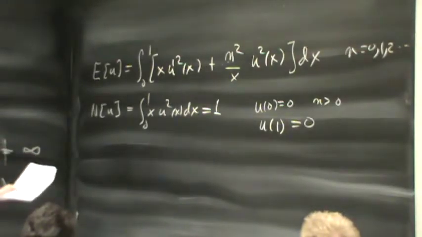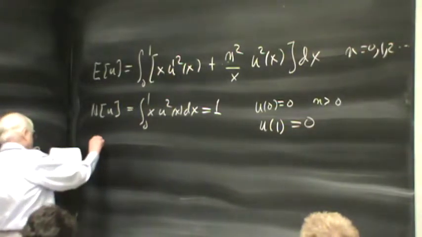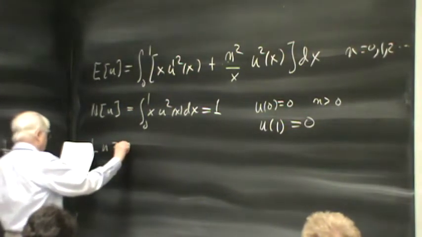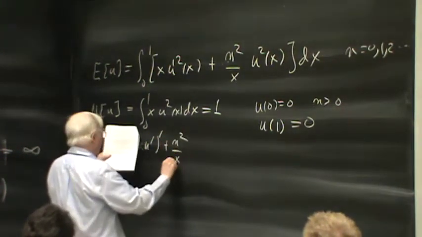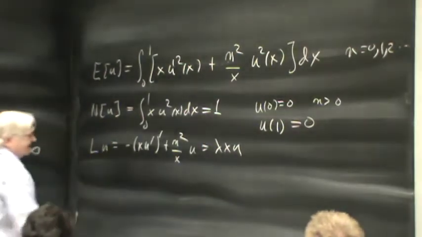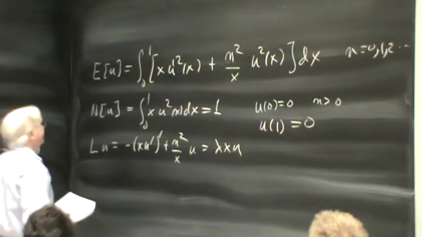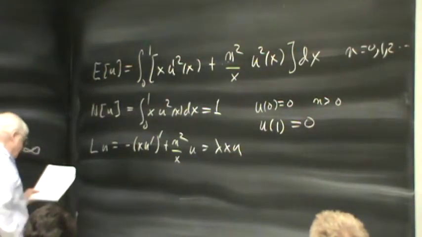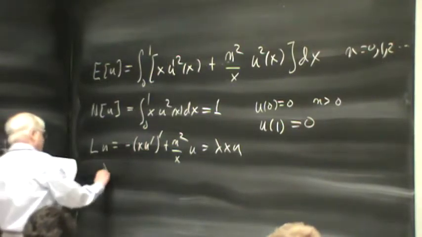All right, so we use a Lagrange multiplier, and what one finds is that the differential equation is Lu equals minus (x u prime) prime plus n squared over x u equals lambda x u. So the weight function is obviously x, rho is x. And one can see that the eigenvalues are all positive, and in fact, these eigenvalues are of this form.